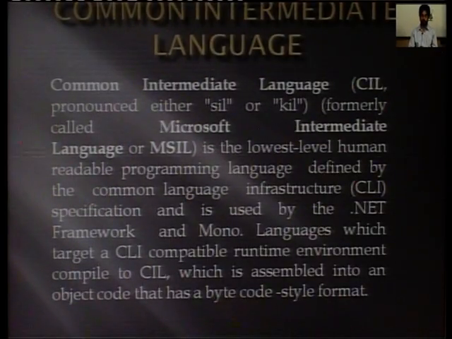So, Common Intermediate Language. The Common Intermediate Language, CIL, formerly called Microsoft Intermediate Language, is the lowest level human-readable programming language defined by the Common Language Infrastructure (CLI) specification and is used by the .NET framework and Mono.